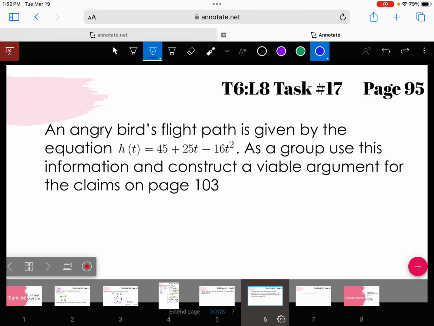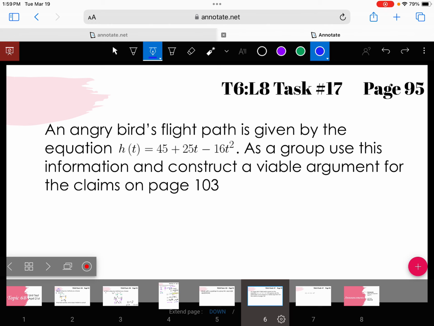All right. So, what I have for you now is we're going to look at page 95. And I want you, either in partners or in groups or whatever, to see what you think. There is a quadratic equation here, and I want you to see if the pigs are going to be hit. So there's a quadratic equation that's modeling an Angry Bird.